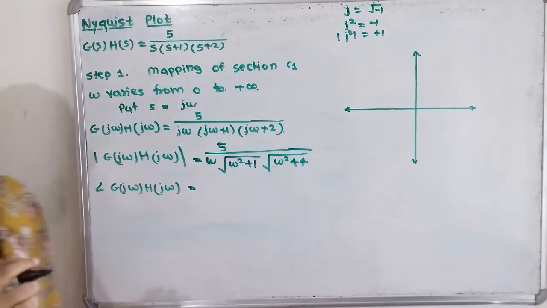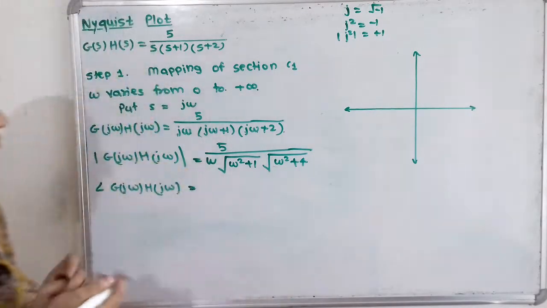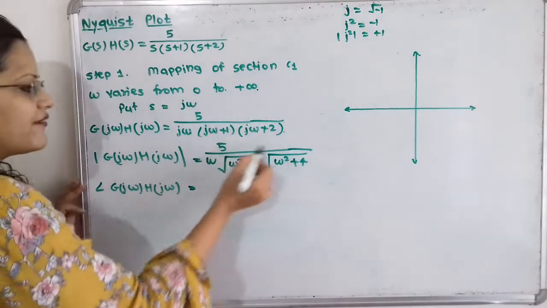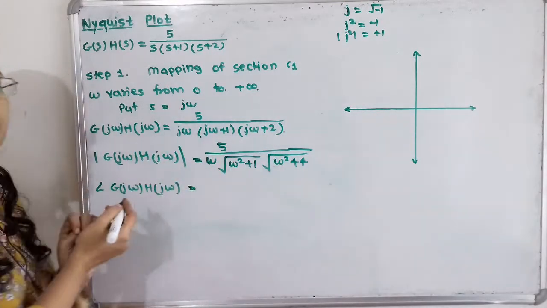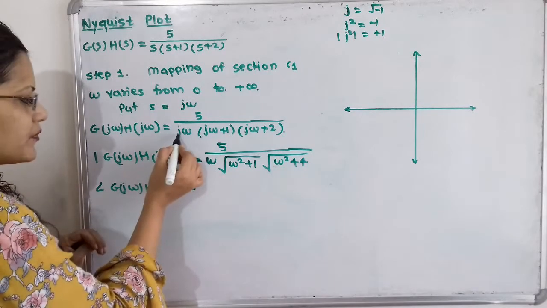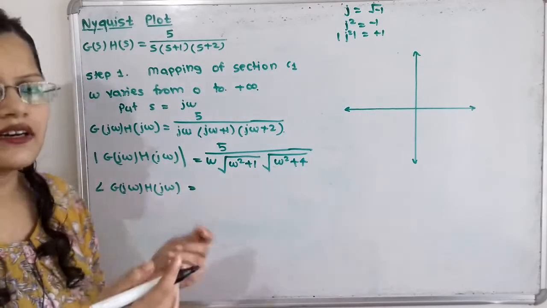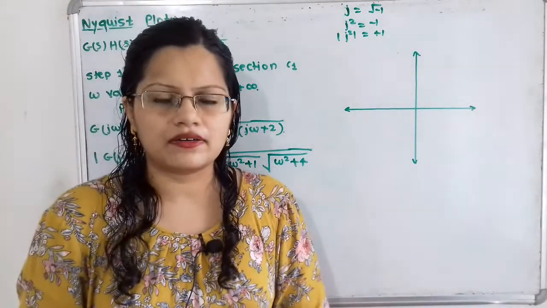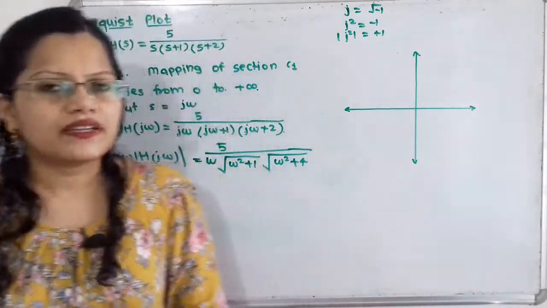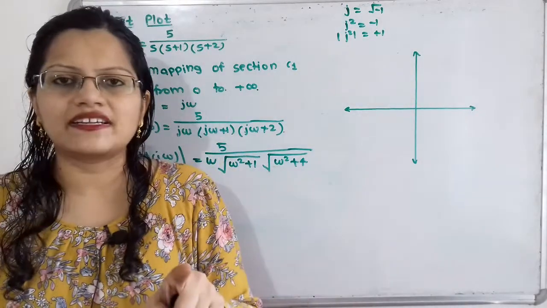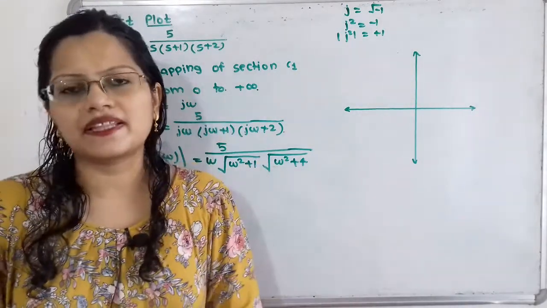Now we will move for the phase angle. How to calculate the phase angle? So we have to refer these terms, S term, or we can say j omega term. So here for this j omega there is no real part. So we know that when this term is in the denominator, we have to take minus tan inverse of imaginary part by real part.